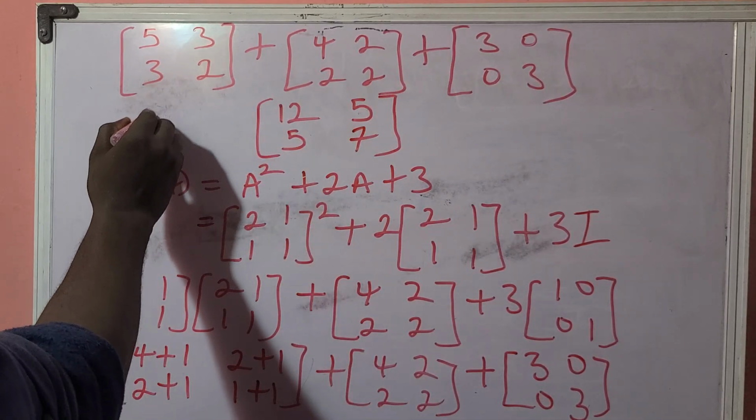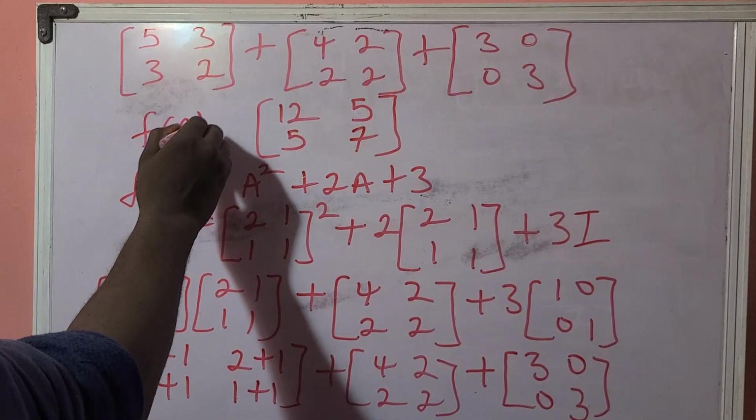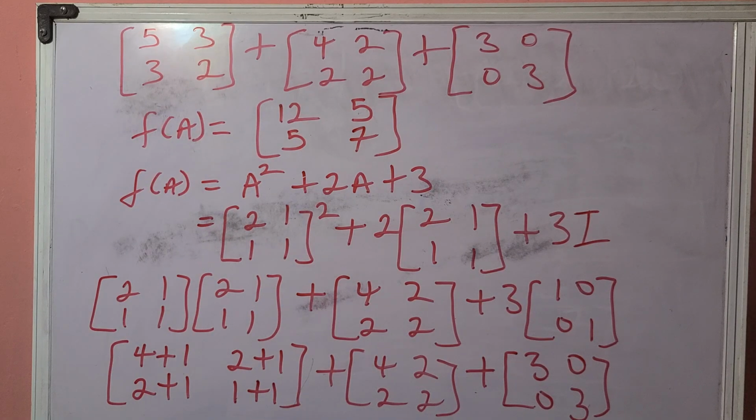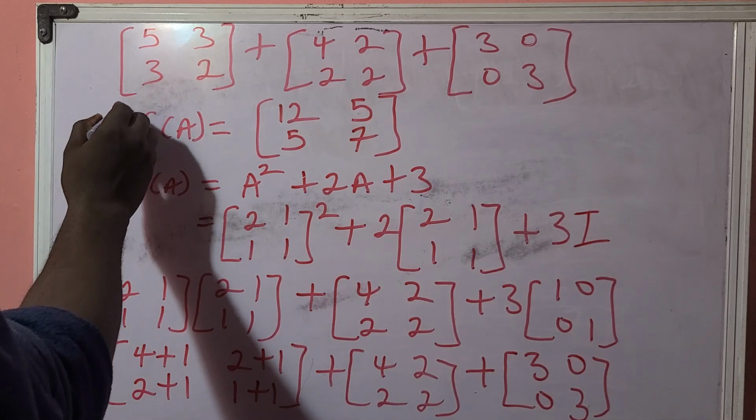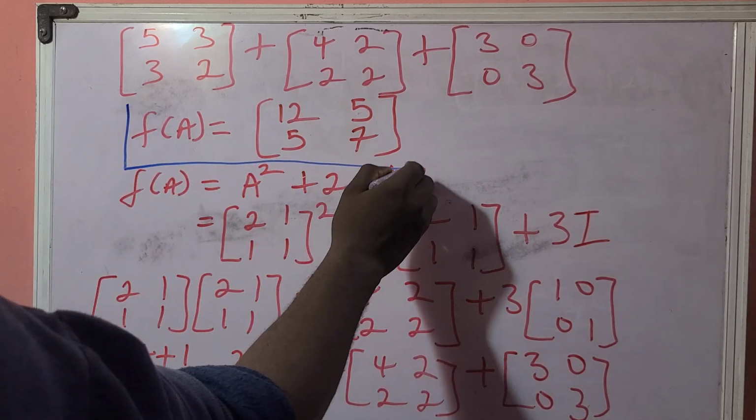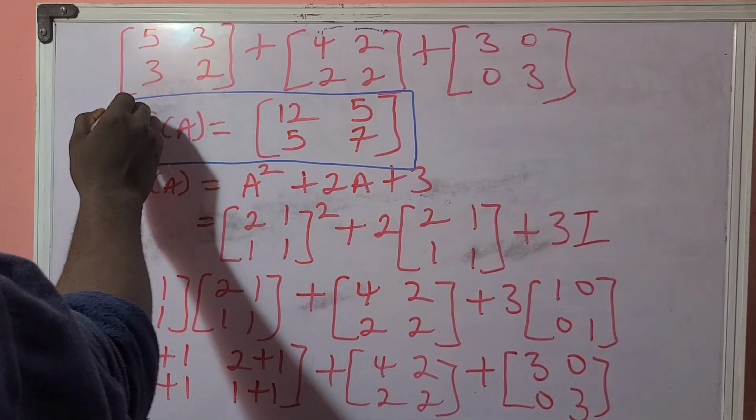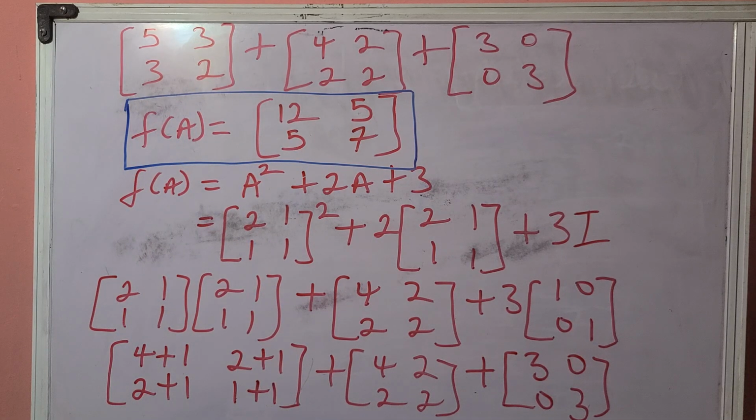So this is our value for f of A. This gives us the solution to the problem we're given. Our f of A is the 2 by 2 matrix with the elements 12, 5, 5, and 7.